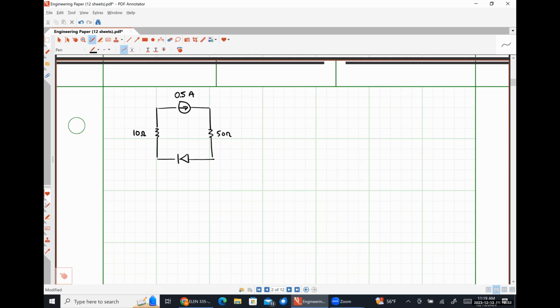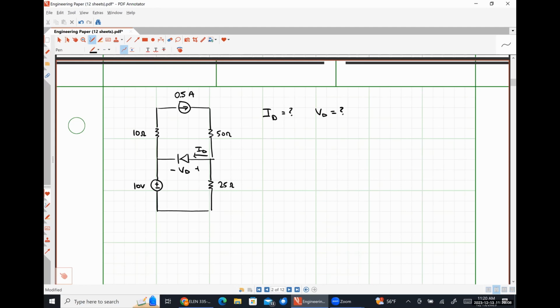Here's our diode. Let's throw a 10-volt source down here. .25 ohm resistor down here. I'm going to define the polarity of my diode voltage as such, and the direction of my diode current, like so. Our goal is to determine ID and VD.